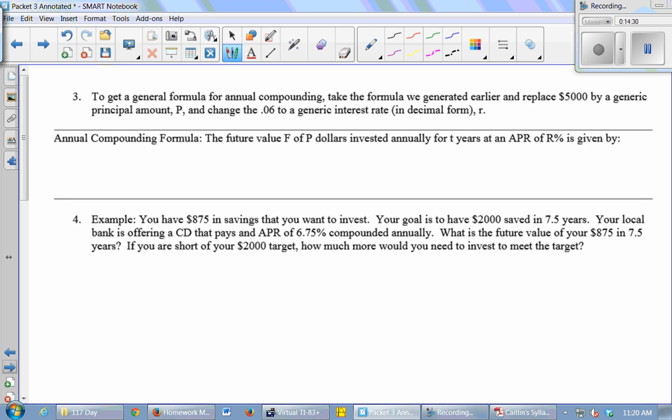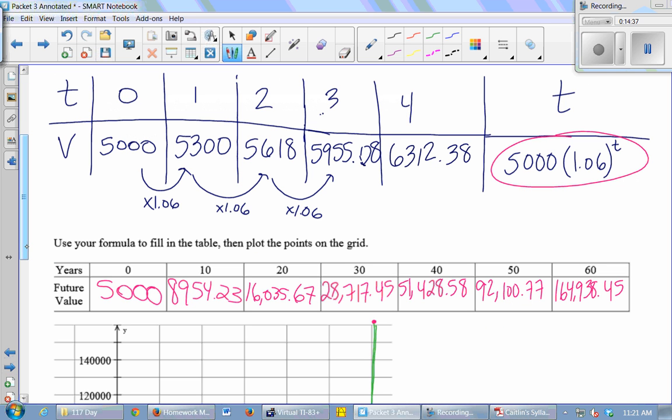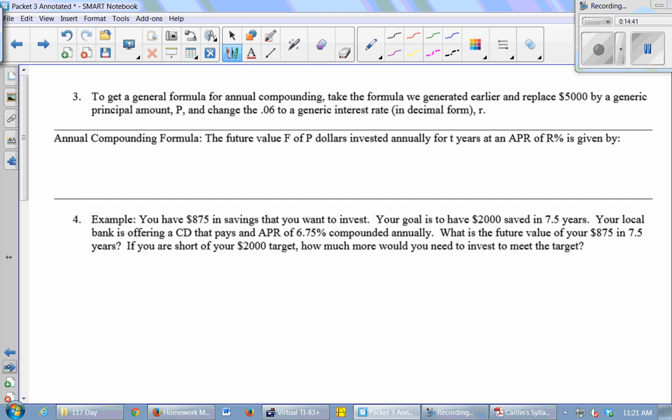To get a general formula for annual compounding, we're going to take the formula we generated earlier, right? This 5,000 times 1.06 to the t. Take that formula, and I'm going to replace the 5,000 with a generic amount. Instead of saying we invested $5,000, we're going to say we invest P dollars.